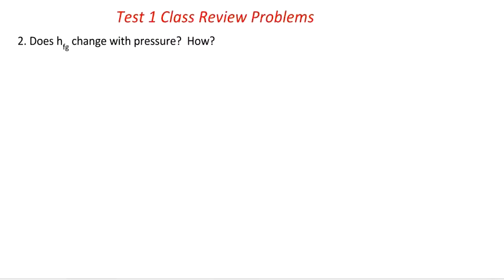So this question is asking if the enthalpy of vaporization, also known as the latent heat, changes with pressure, and how does it change? Well, enthalpy is one of those things that has always really confused me. So far the best general explanation I've gotten is that enthalpy is chaos, a measure of how much chaos is in a particular system.